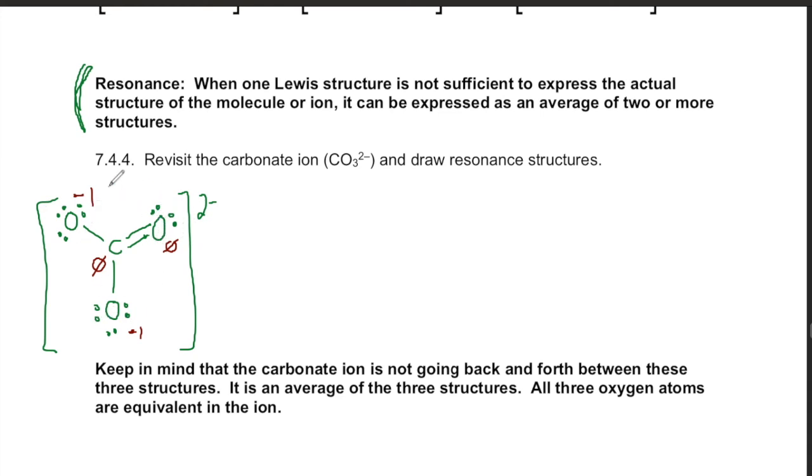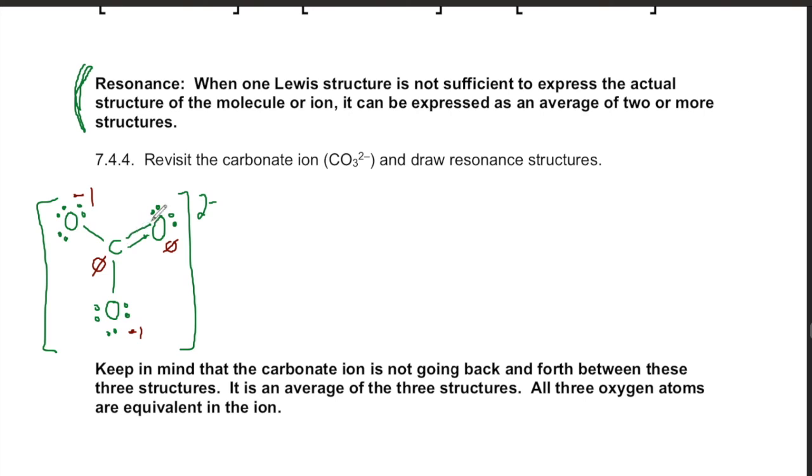And when we look at the behavior of the carbonate ion, it is more symmetrical than that. Instead of having one oxygen be 0 charge and the other 2 be -1 each, the -2 charge is evenly distributed around the ion.